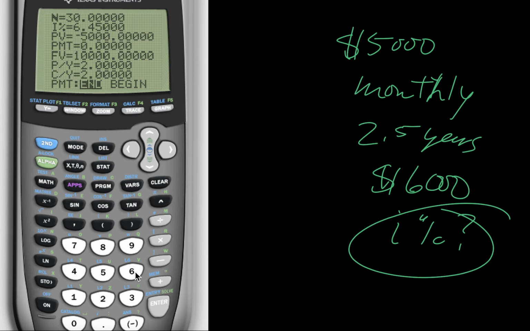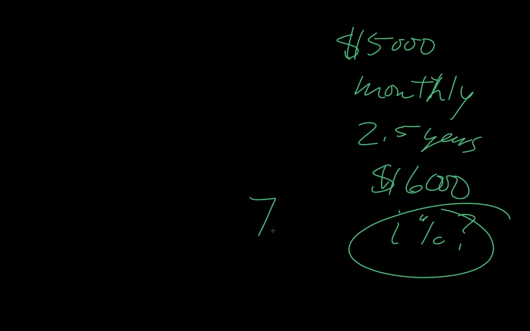Our final amount was 6,000. And then, since it was monthly, these are both 12. Alright, so we want to know the interest. Make sure we're highlighting the interest. Alpha, solve. And so our interest is 7.32%.